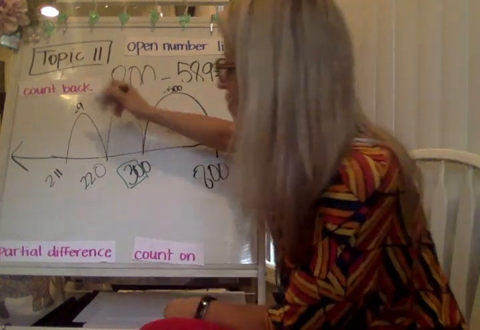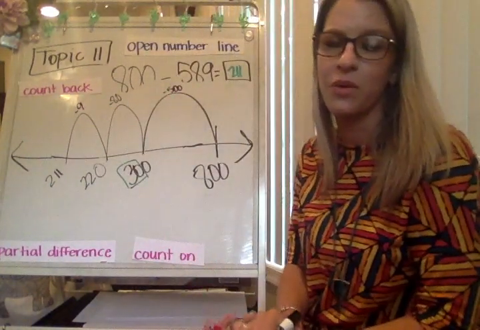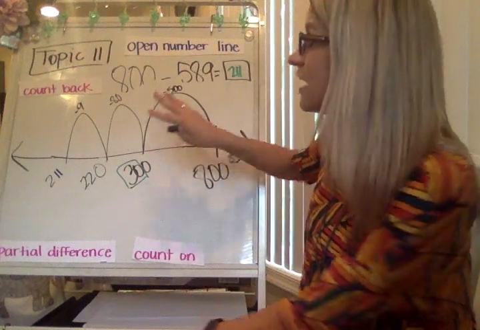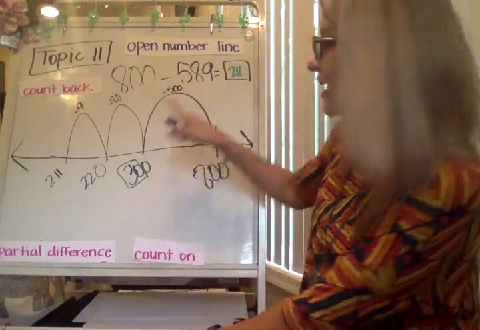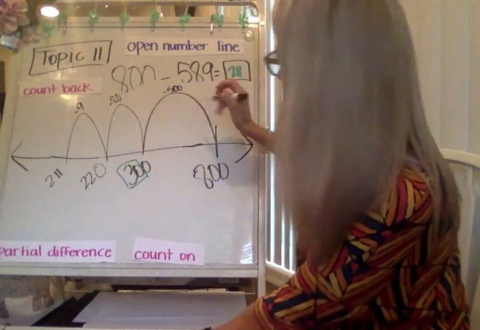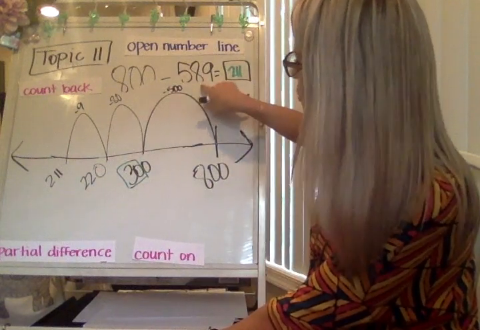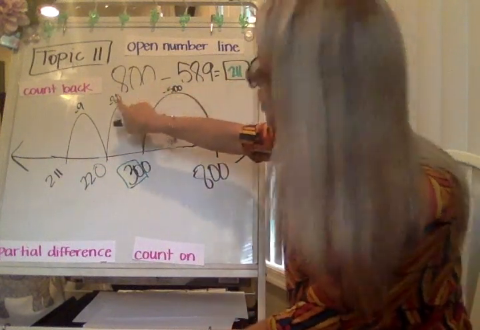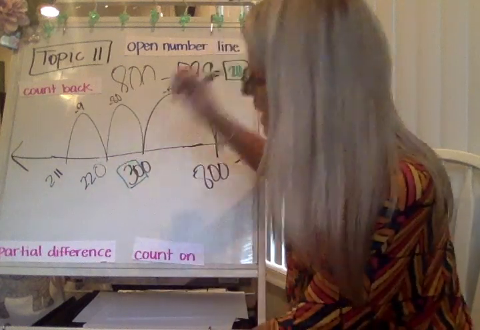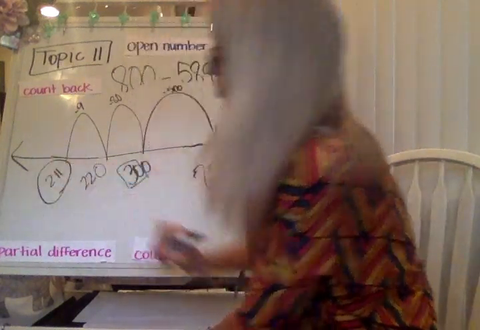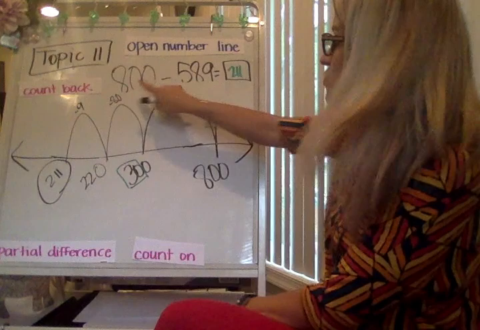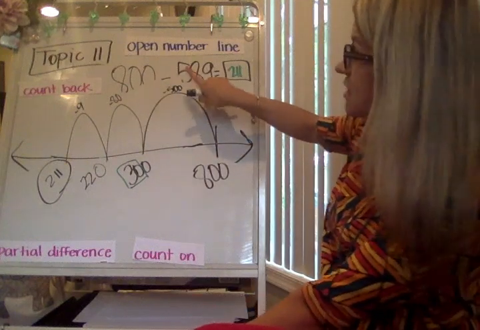You can do tiny little ones if that's still something that you're comfortable with. But for me and where I expect you all to be, I expect you to be able to do some of these bigger jumps. So I've taken apart 589 minus 500 minus 80 minus 9, and I stopped at 211, which is the difference between 800 and 589.